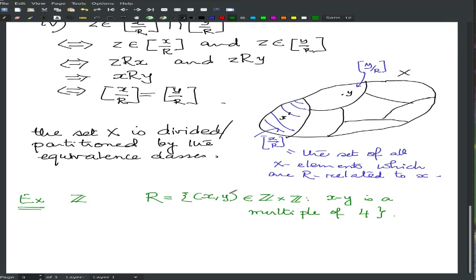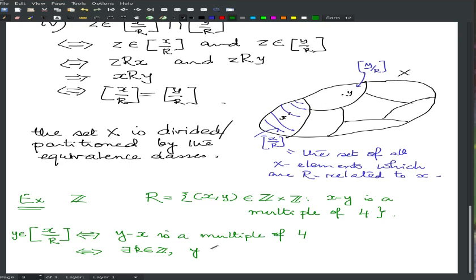Now let's see. What is x by r? This is nothing else but y minus x is a multiple of 4. Let's expand. So this means there exists a k in Z such that y is equal to 4k plus x.